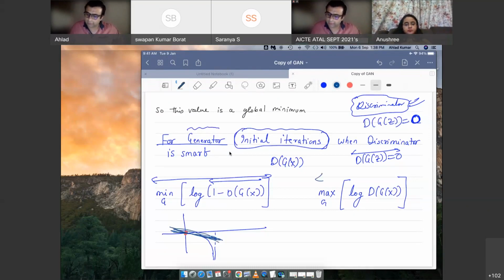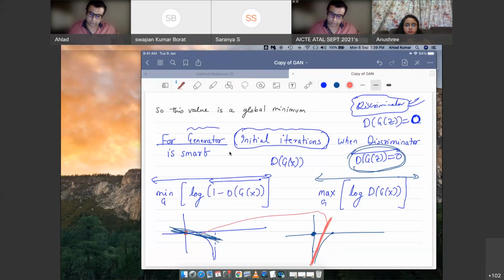But if you try to use this function, then you will see that this function looks like this. And in this initial stage, where D of G of z is near 0, you are actually operating at this point. And at this point, you can see the slope of the derivative, which is actually responsible for gradient descent. You can see that this slope is very high compared to this slope.